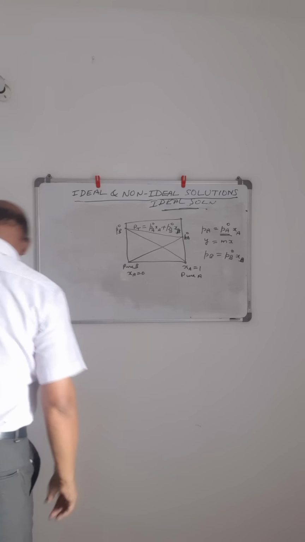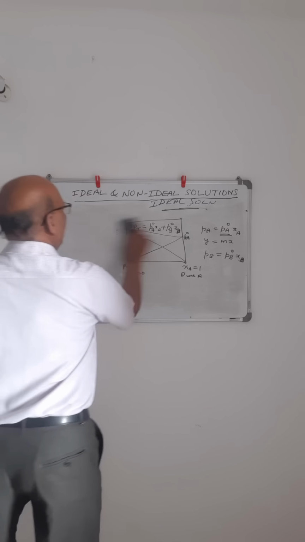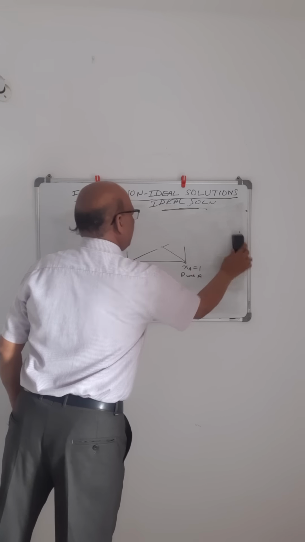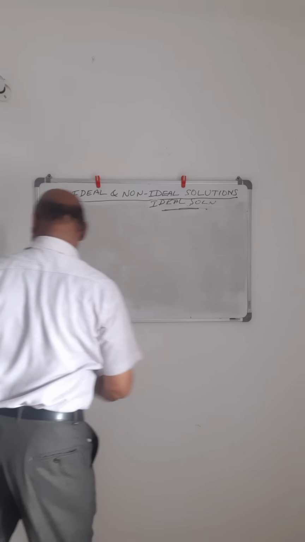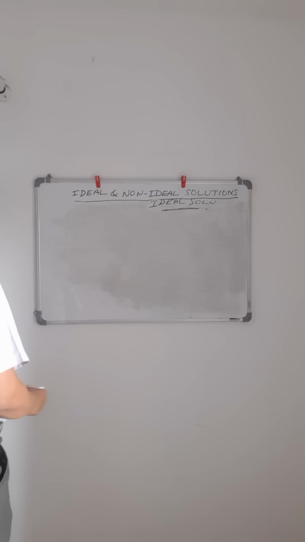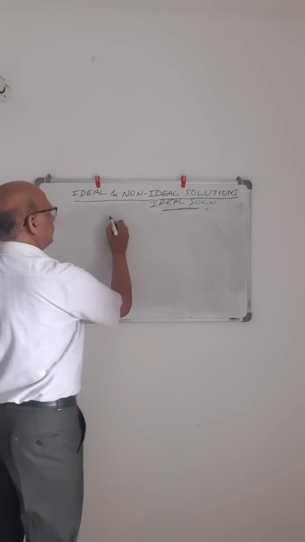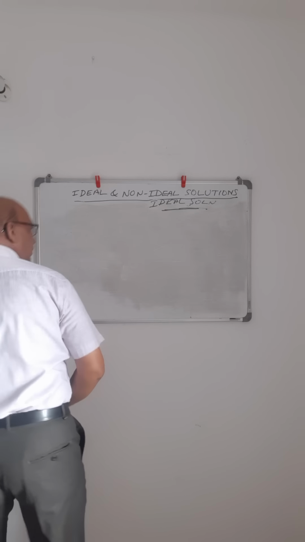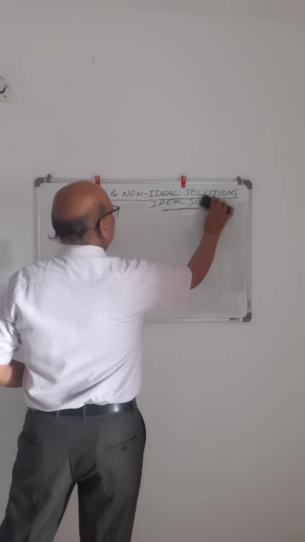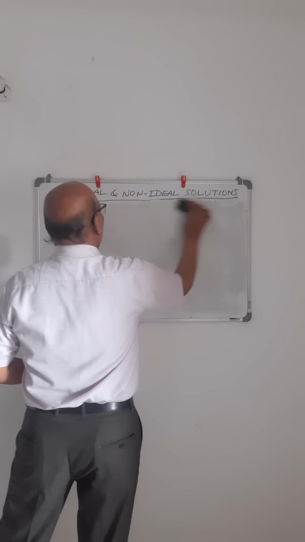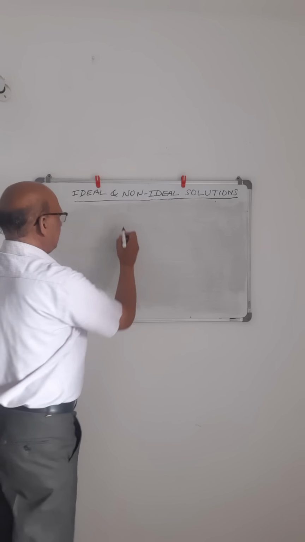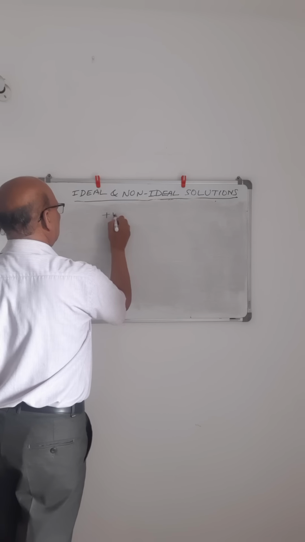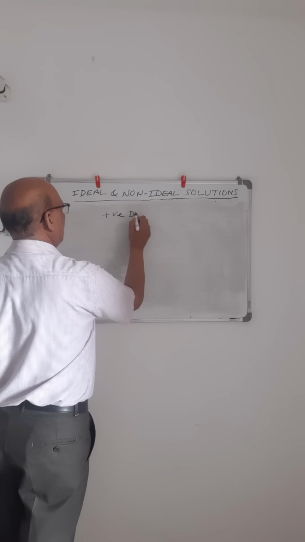Now I take some non-ideal solutions, and what are the criteria for non-ideal solutions. First, I will divide the non-ideal solutions into two categories. One is showing positive deviation from Raoult's law, and the other will show negative deviation from Raoult's law.